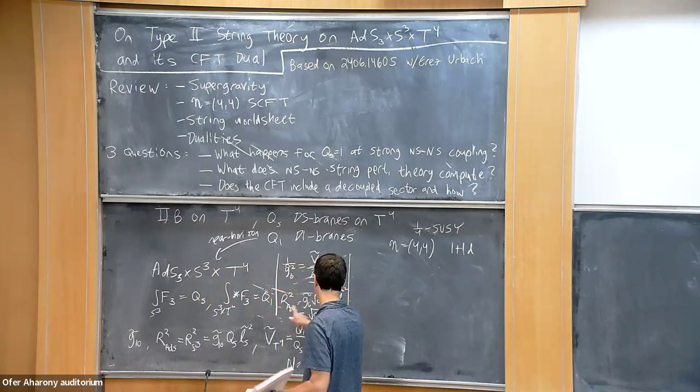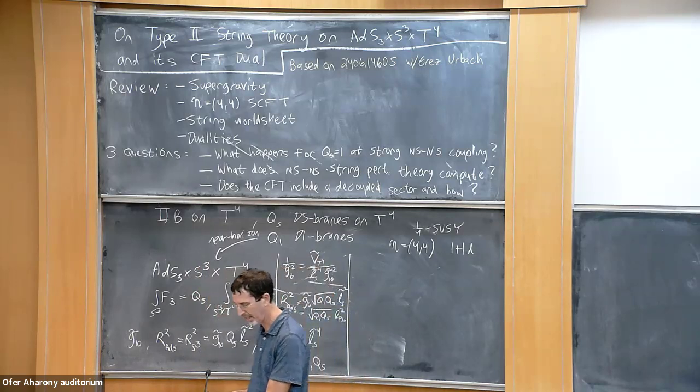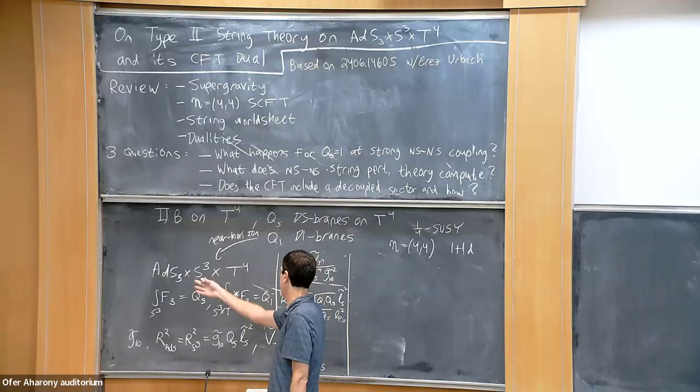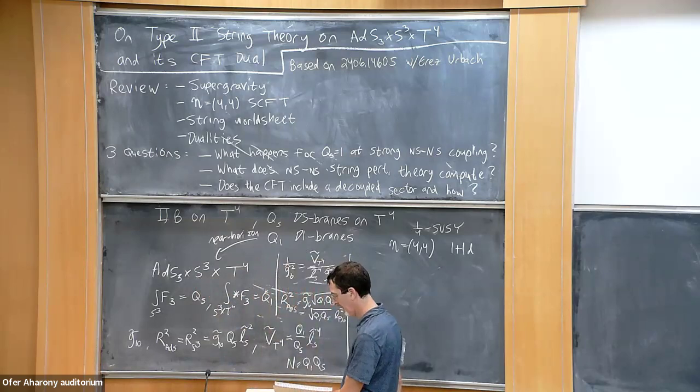It just tells us that to get a large radius in Planck units, this n, which is Q1, Q5, has to be large. So this is what we find just by solving the supergravity equations for type 2b supergravity on AdS3 S3 cross T4.